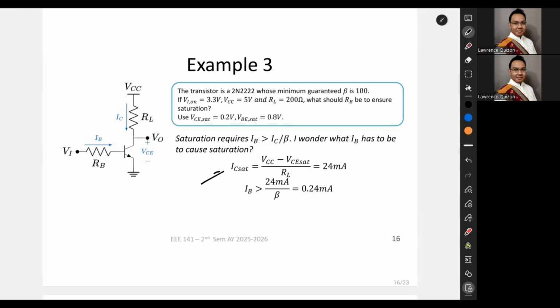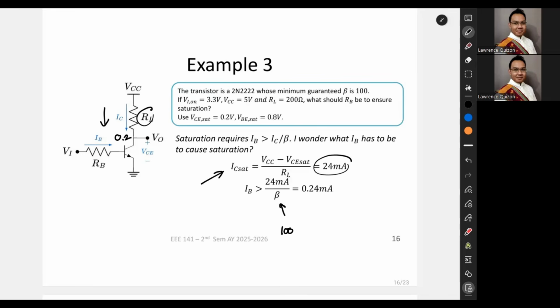Let's compute for IC. If this is in saturation, that is, if VCE is 0.2, which is VCE sat, then VCC minus VCE sat over RL would be IC. That calculation turns out to be 24. Now, IB has to be greater than this 24 over the beta that it corresponds to.